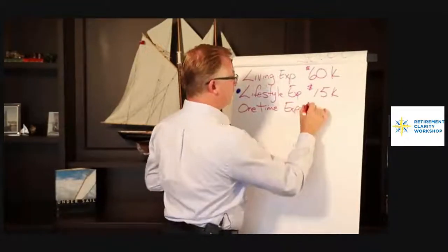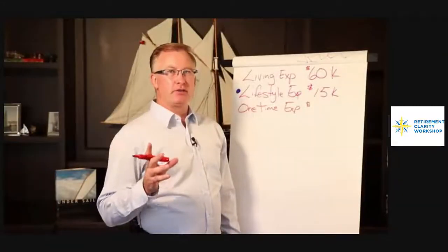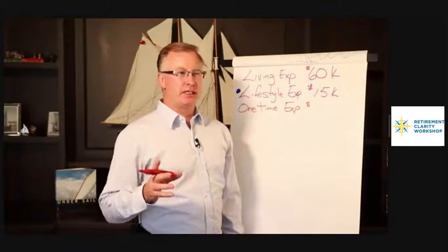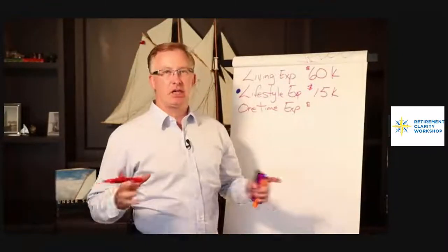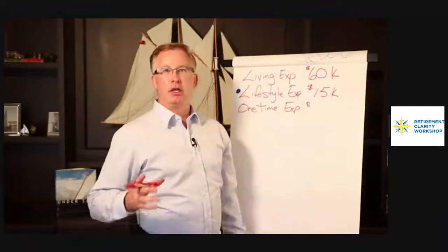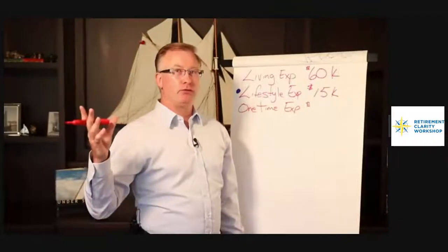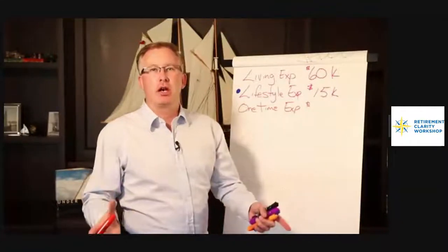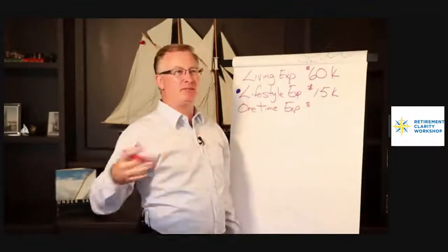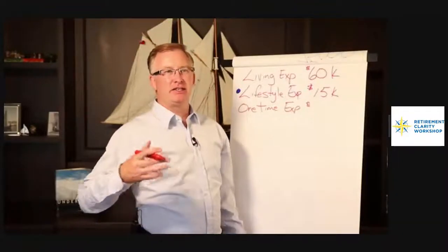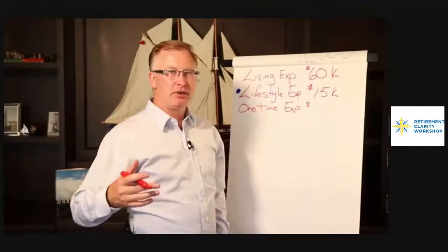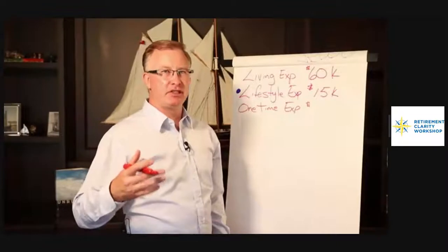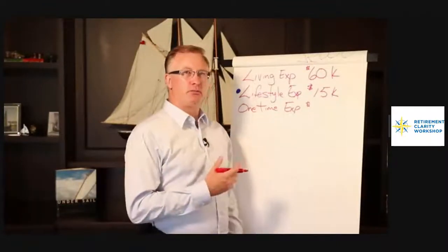So what are one-time expenses? One-time expenses are things like the furnace dies and you've got to replace the furnace, or you need to redo the roof, or you buy a new car. These types of one-time expenses aren't something that you necessarily have each and every year, but they're expenses you need to think about and consider when you're doing your income planning.